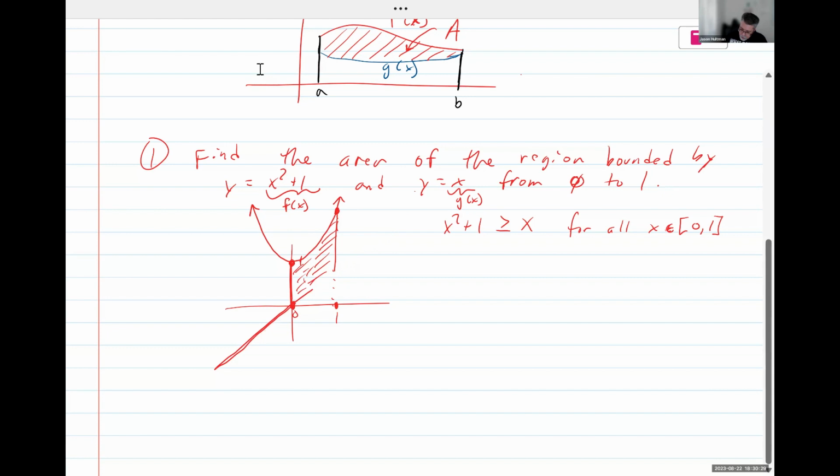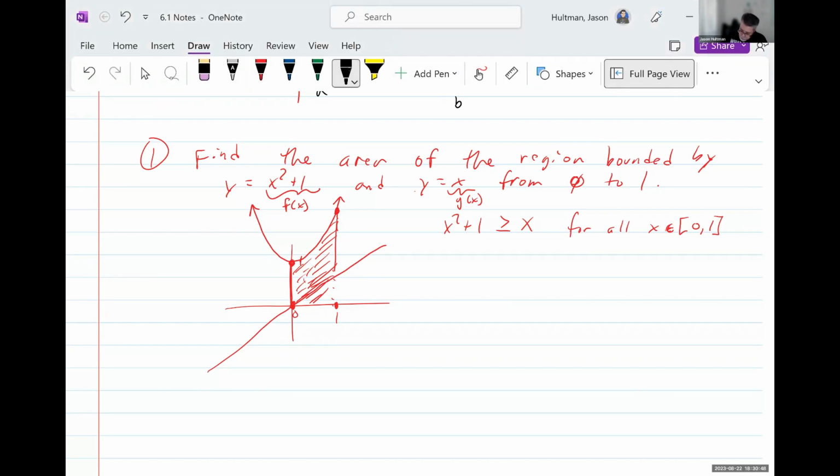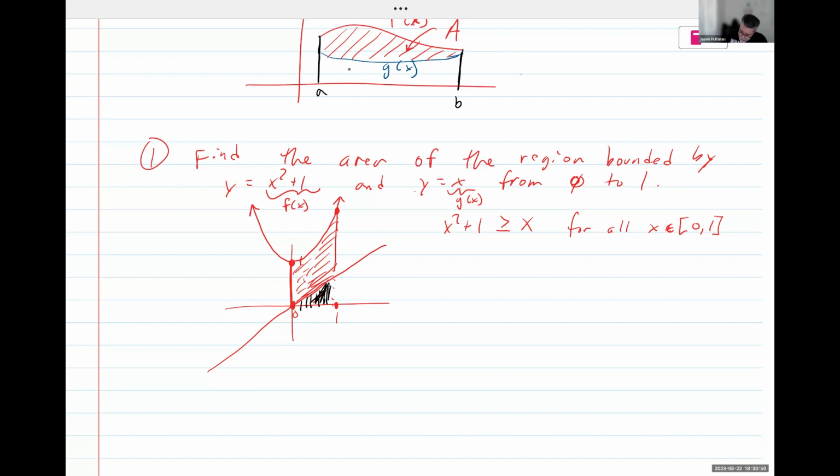If I get rid of this line, we're basically finding the area underneath the first curve, the parabola, and then I'm subtracting off the area under the second curve. I'm just subtracting off that area.